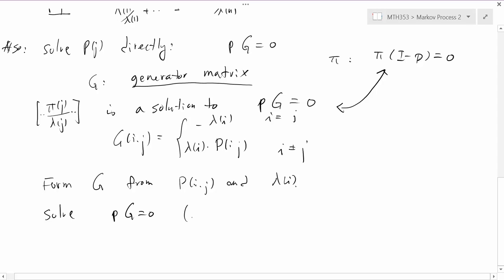But remember, if you want to use row reduction, you need to solve the transpose equal to 0, because P over here is a row vector again.